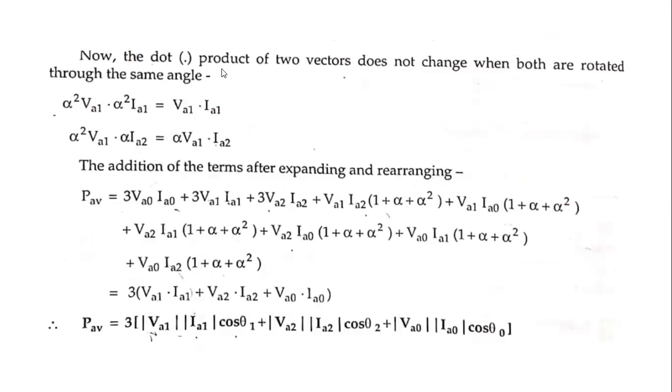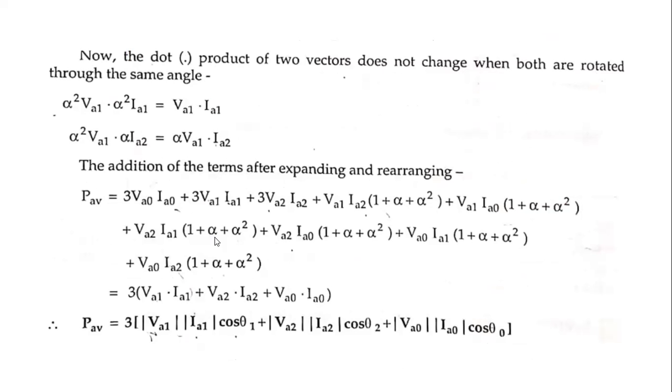Then we obtain that the dot product of two vectors does not change when both are rotated through the same angle. Therefore alpha square VA1, alpha square IA1 is equal to VA1 IA1. Alpha square VA1, alpha IA2 is equal to alpha VA1 IA2.